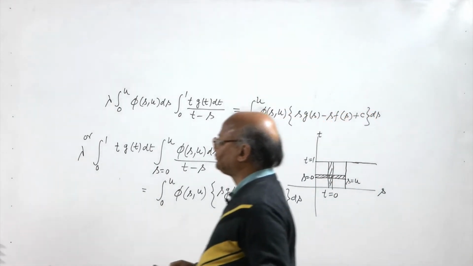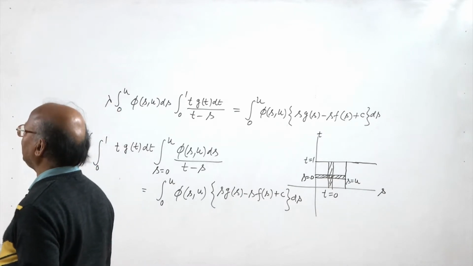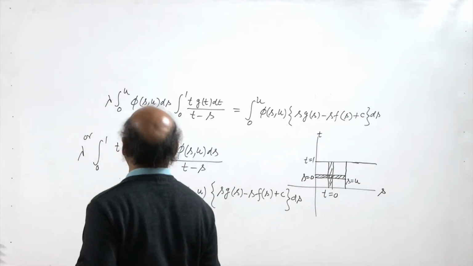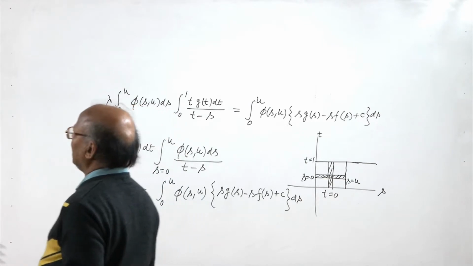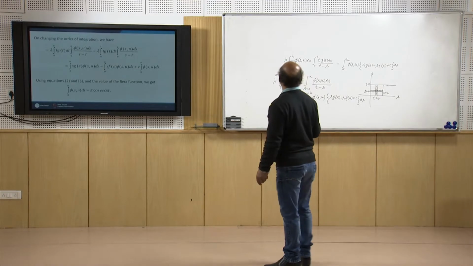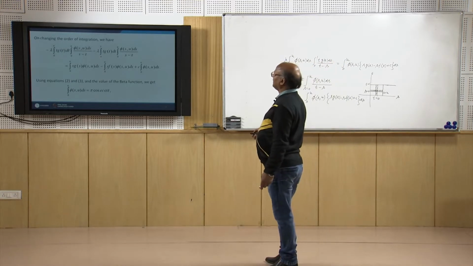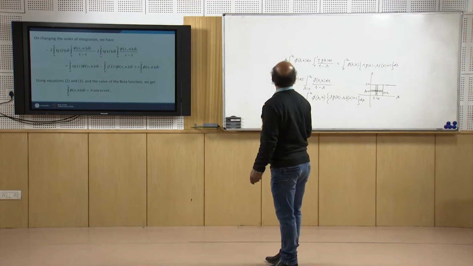So, on changing the order of integration, the integration with respect to t is broken into two parts, from 0 to u and from u to 1. So, we write it as a sum of two integrals, one where t varies from 0 to u, and then the other where t varies from u to 1. So, we have here minus lambda integral 0 to u t g(t) dt, integral over 0 to u phi(s, u) ds over s minus t.